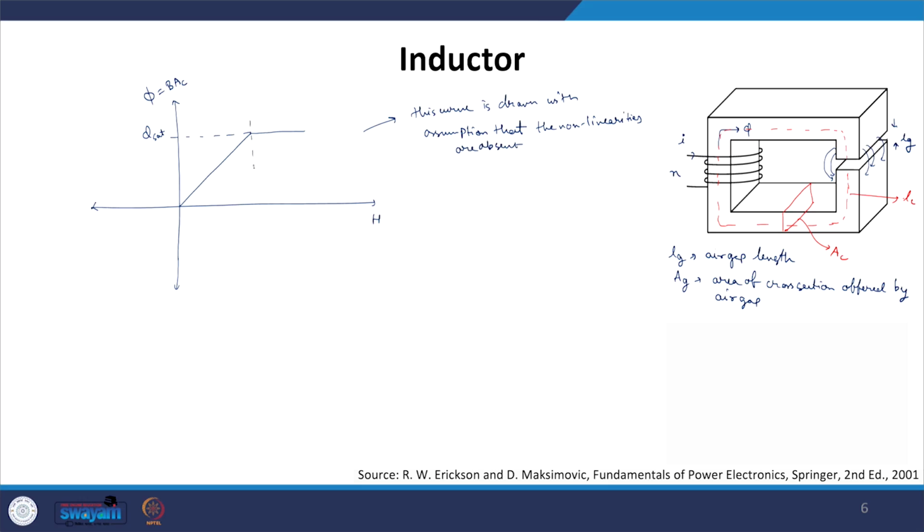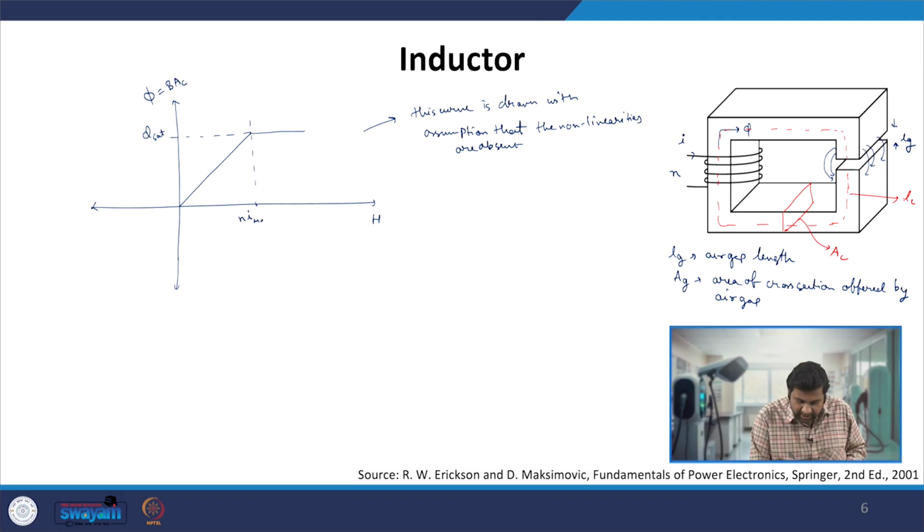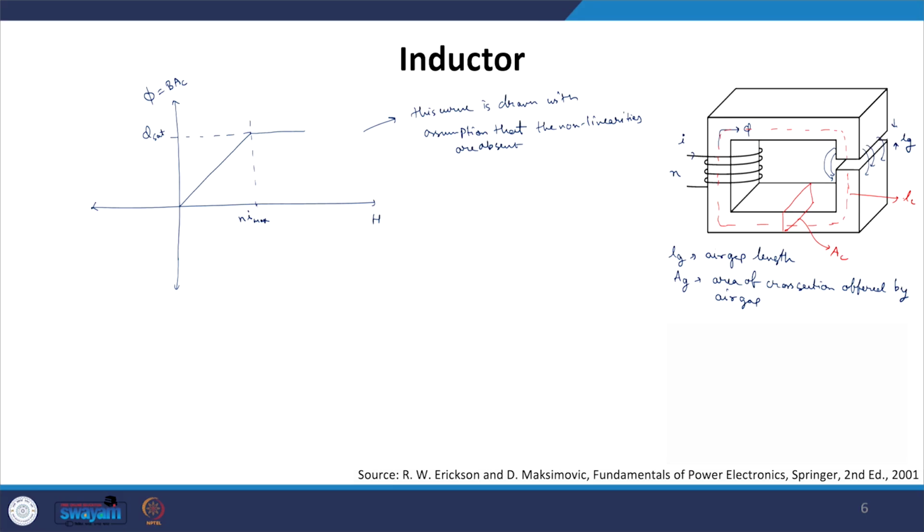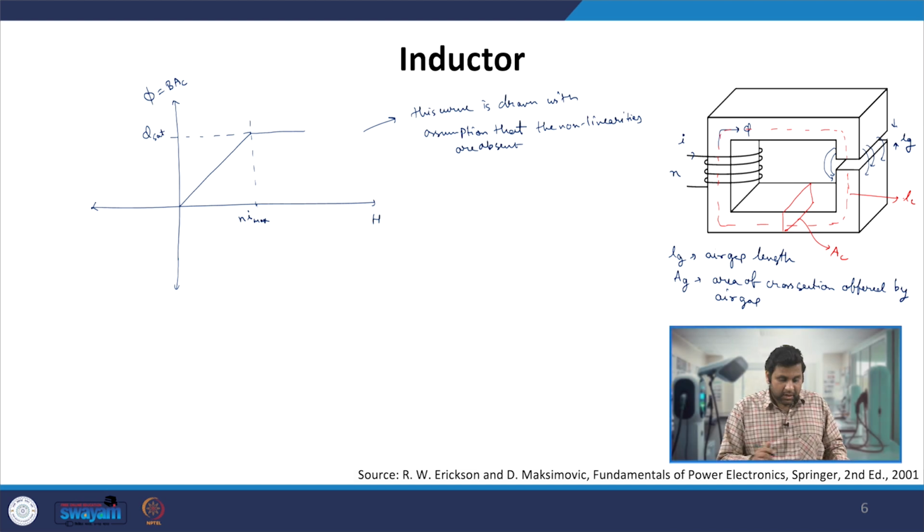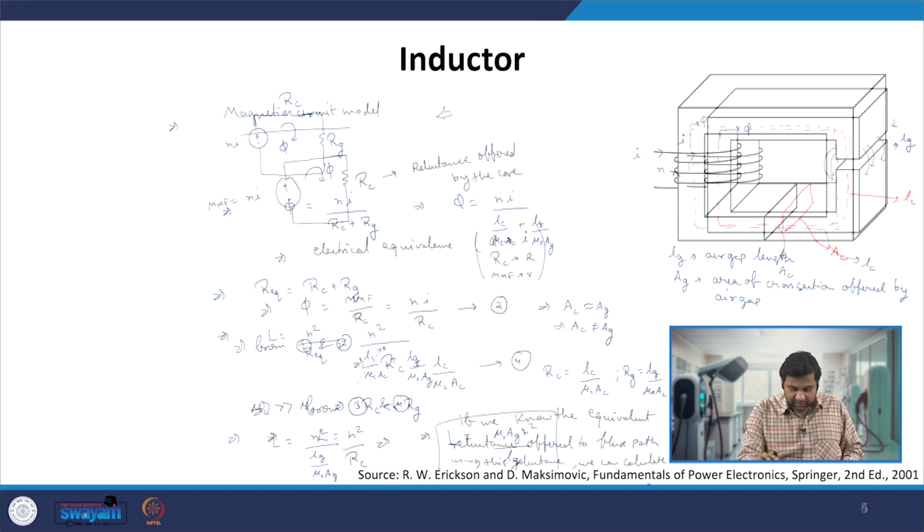So this is the Ni max, after which my core will get saturated, or you can say after which the relationship between B and H is no longer a straight line and all the magnetic domains get fully aligned. Now, this is the phi versus H curve or phi versus Ni curve.